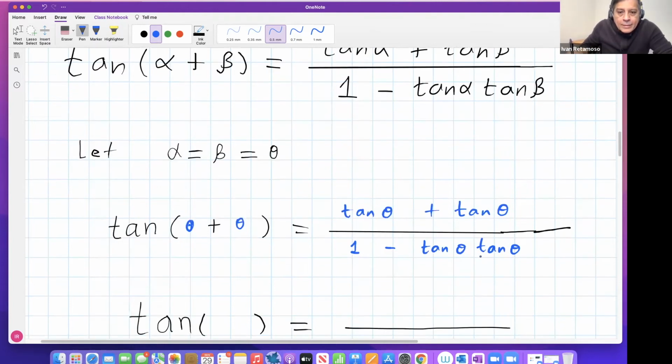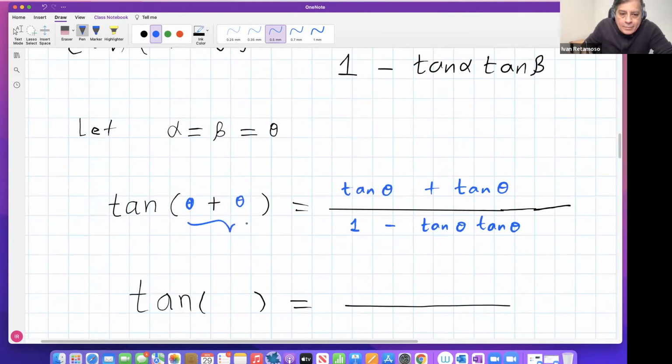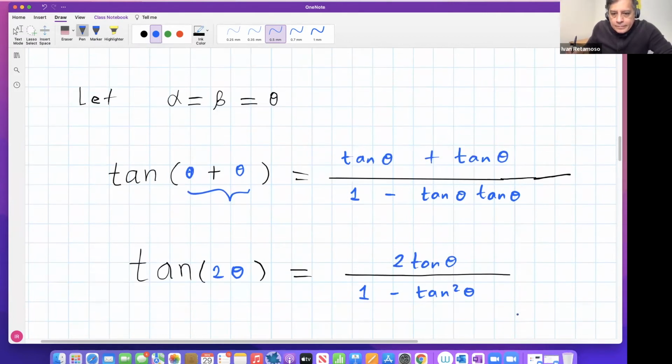All right, so now theta plus theta, 2 theta, okay? Tangent of theta plus tangent of theta, 2 times tangent of theta. Right, the sum of these two is this. Now, 1 minus tangent of theta times tangent of theta, tangent squared of theta, right? There you go.